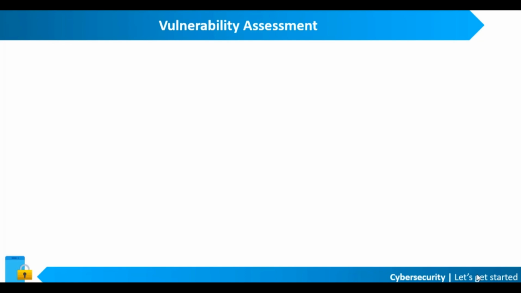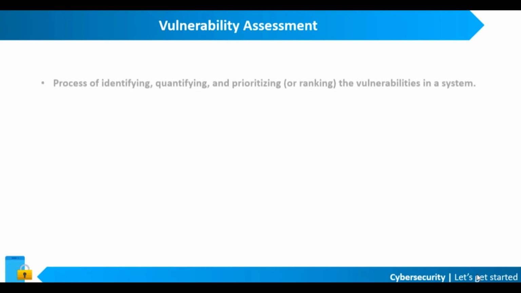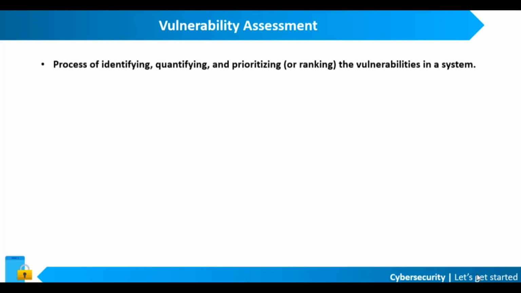It evaluates if the system is susceptible to any known vulnerabilities, assigns severity levels to those vulnerabilities, and then recommends the remediation or mitigation, whatever is necessary. In simple words, it is a process of identifying, quantifying, and prioritizing the vulnerabilities in a system.